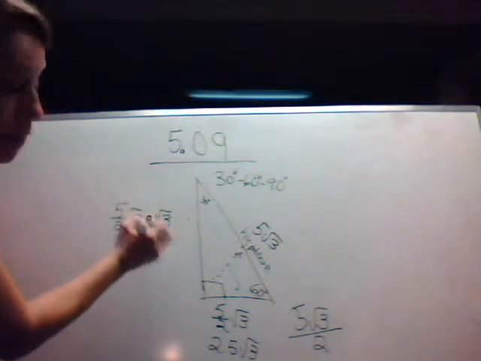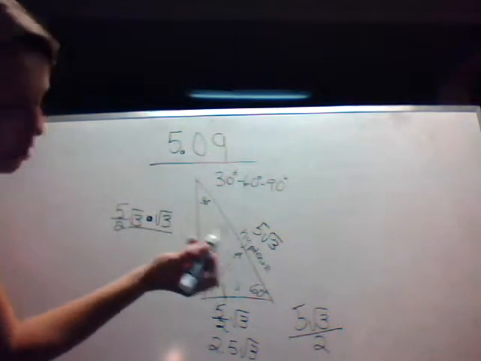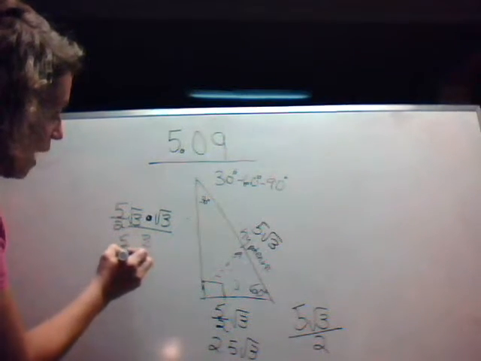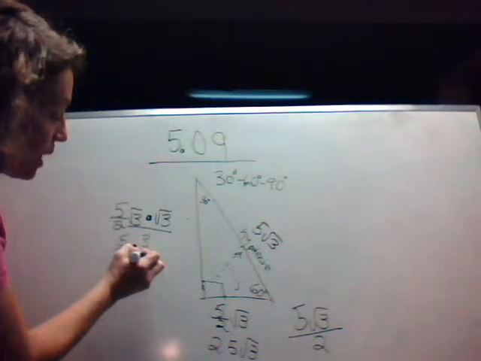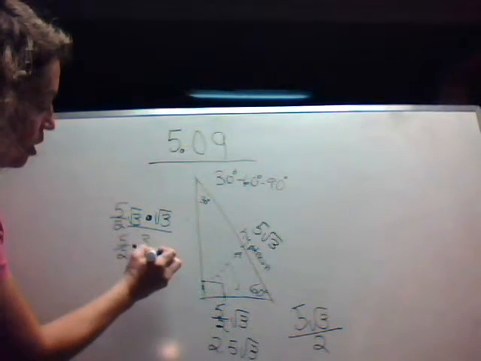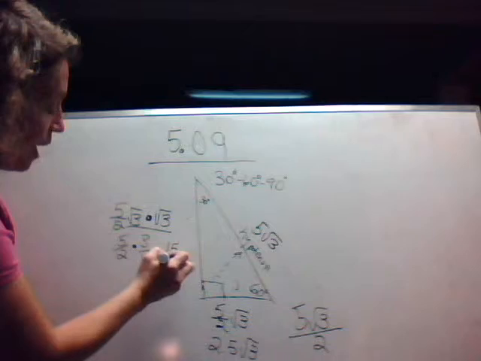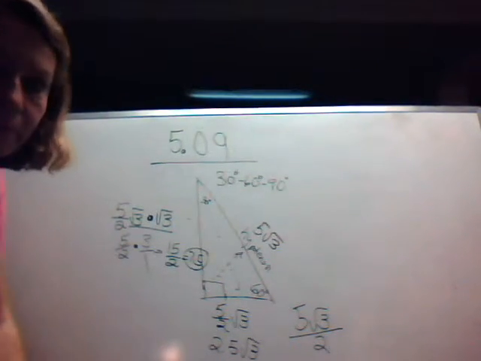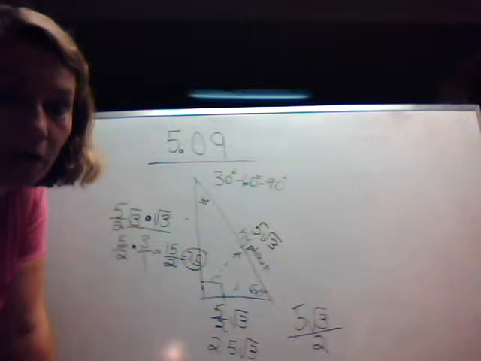So whenever you multiply a radical times itself, just the 3 comes out. So we have 5 halves times 3. Remember, that's always over 1, any whole number over 1. So I get 15 halves, or 7.5. Voila. And that's how you'd work it with a radical.